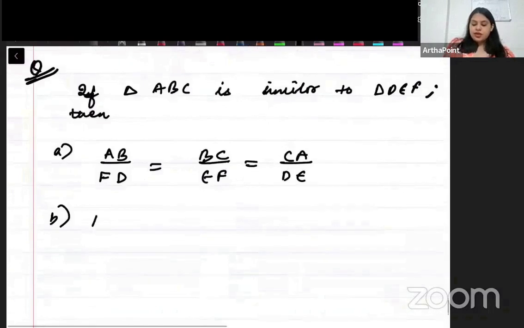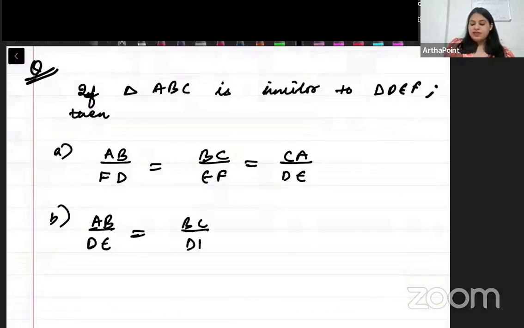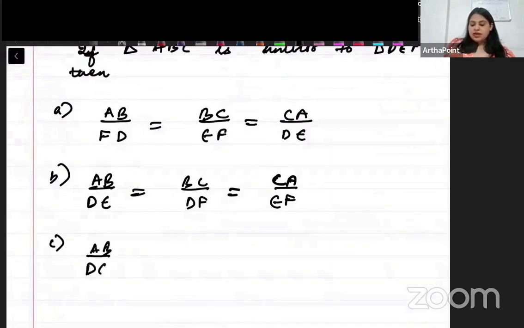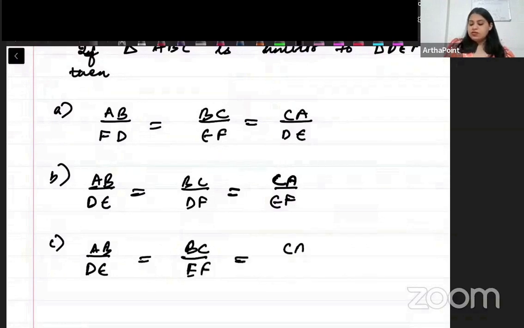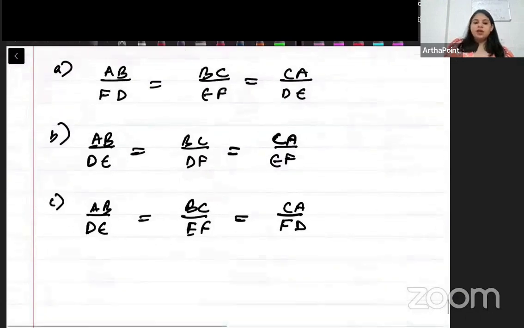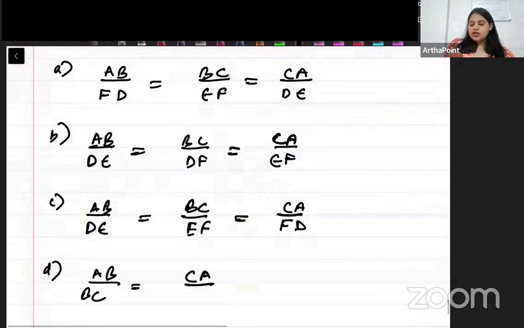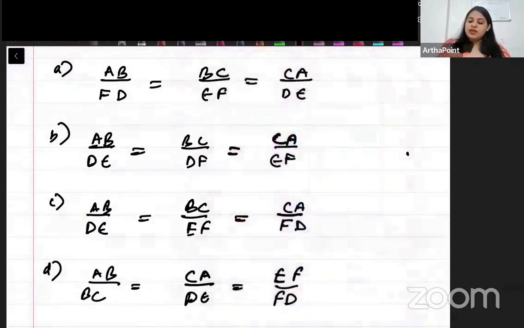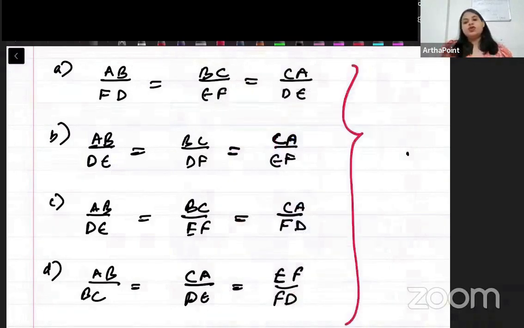B, AB by DE is equal to BC by DF is equal to CA by EF. C, AB by DE is equal to BC by EF is equal to CA by FD. And D, AB by BC is equal to CA by DE is equal to EF by FD. So the triangles are similar. You have to go ahead and tell me that which of the following will hold true.